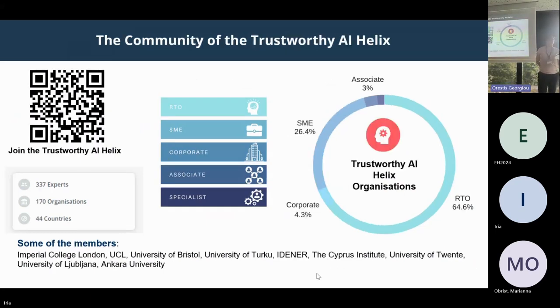Here you can see the community of the AI Helix, more than 330 individual experts, 170 organizations from 44 countries. Some of the members include the Imperial College, University of Bristol, University of Turku, ITENER, Cyprus Institute, University of Twente, Ljubljana, and Ankara University.